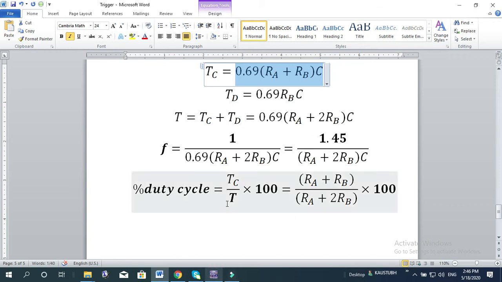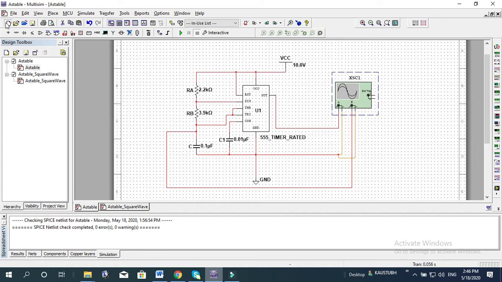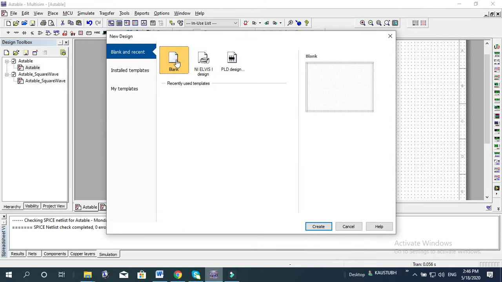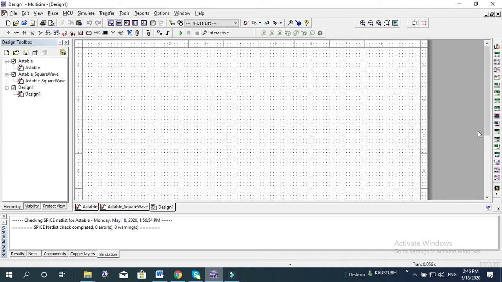So now let's move to Multisim. In this new project, first we'll see the multivibrator, the timer.